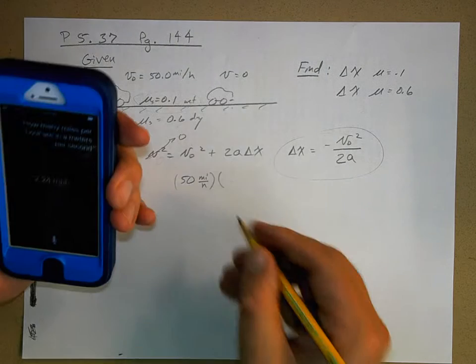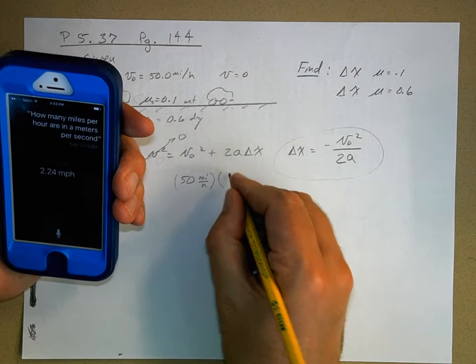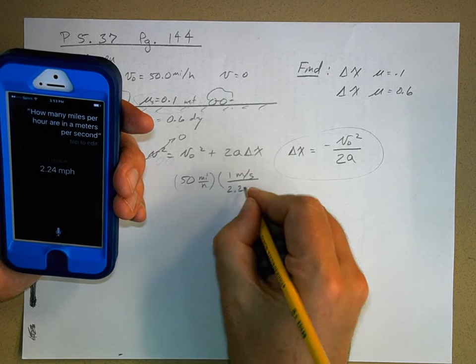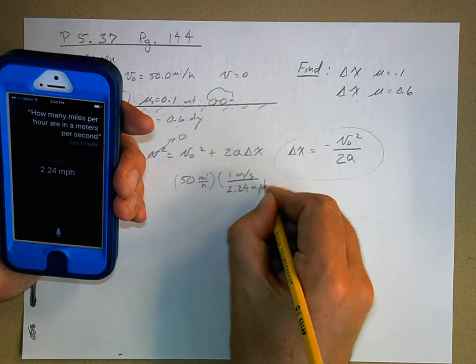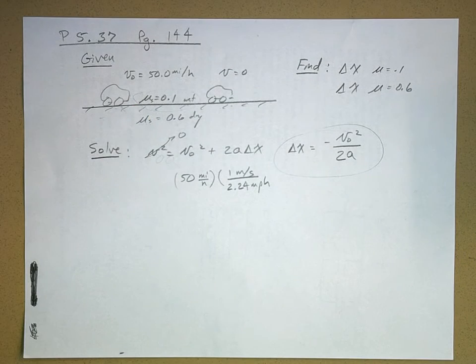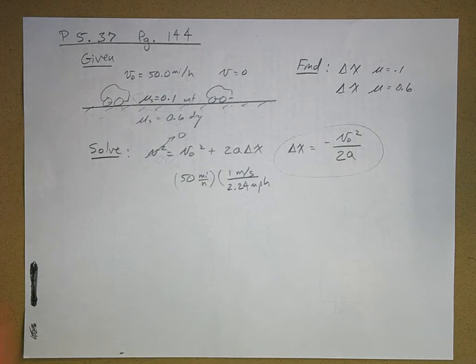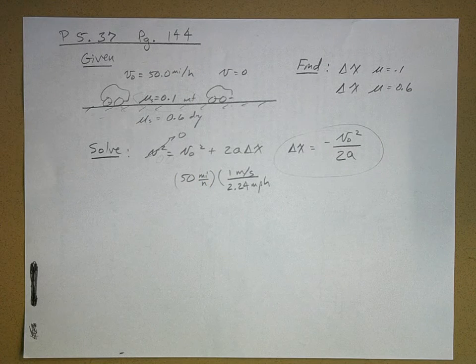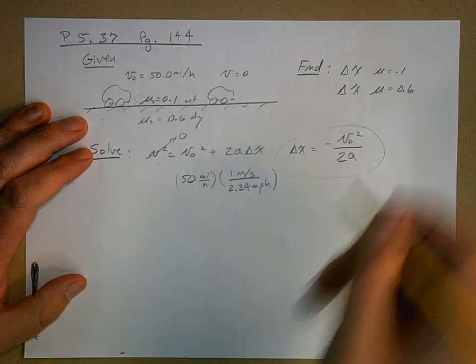So 1 meter per second equals 2.24 miles per hour. Thank you. Oh, thank you. It is I who should be thanking you. Oh, see? She knows. That was nice. Okay. See, I'm learning how to use technology.